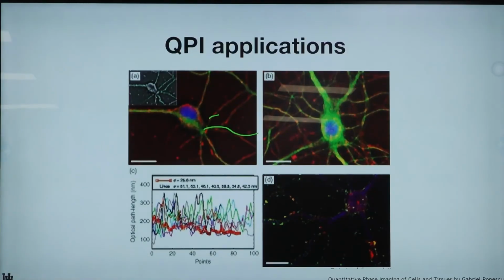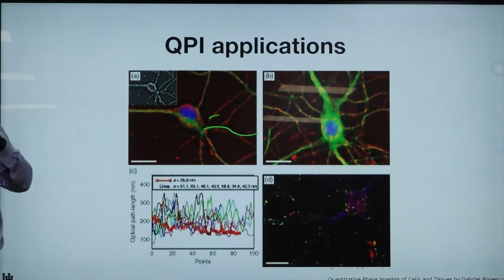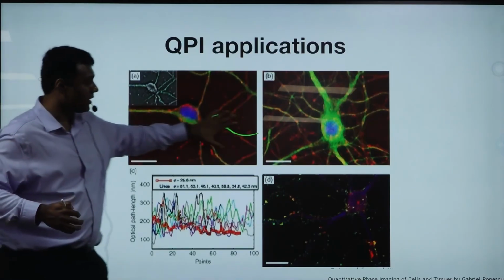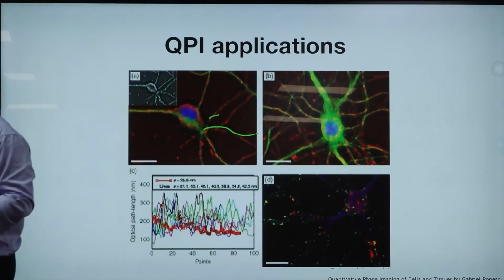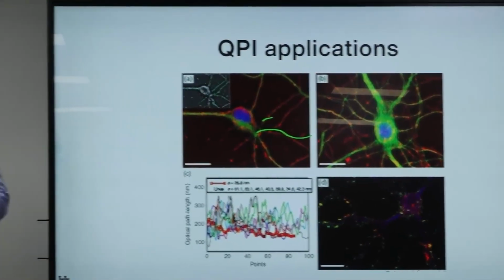There are electrical signals that go from one to the other. The strength of the synapse determines how strong a signal goes from one neuron to the other, how this forms, and when in some diseases this breaks down, there is memory loss, for example. These are the kinds of things quantitative phase imaging, along with fluorescence images, in combined multimodal images, can study, and you can do important studies where you figure out all these properties.